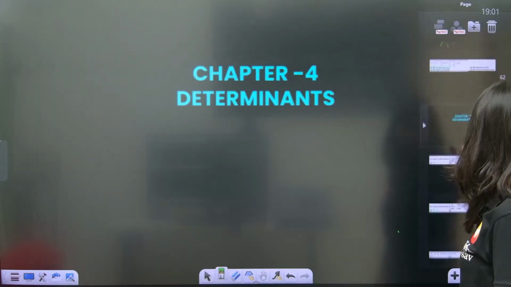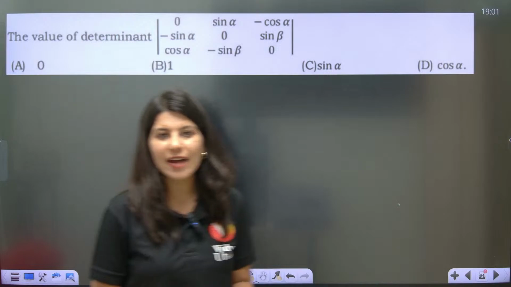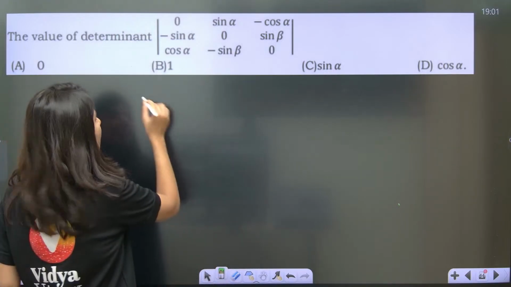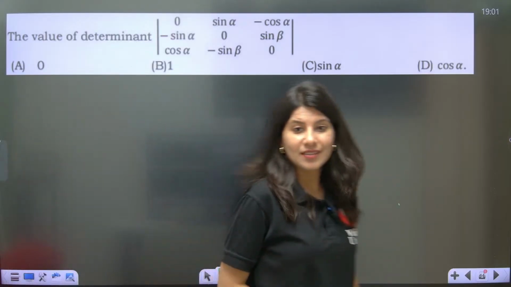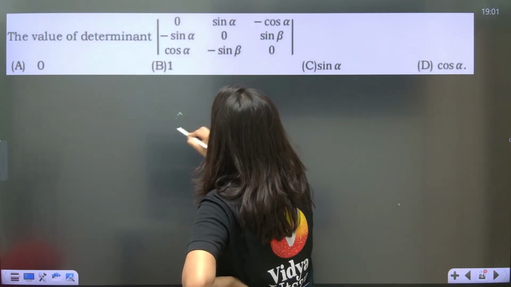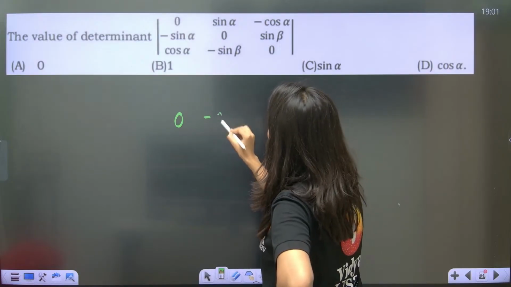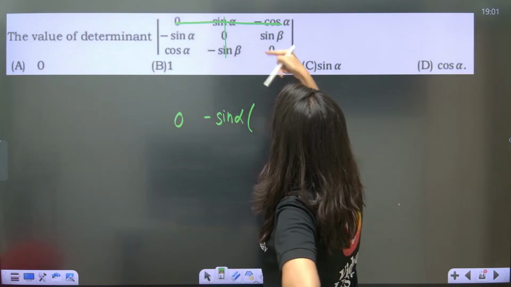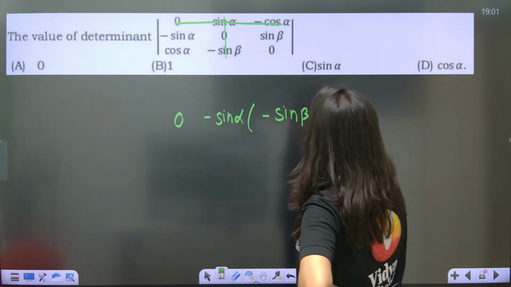Determinants, okay. So the value of this determinant, very easy question. You just have to expand a 3 cross 3 determinant. So just do it. By the way, okay, let's do it. So 0 is the first row. Okay, so 0 minus sine alpha. Now minus sine alpha. So this is going to become 0 minus sine beta cos alpha.